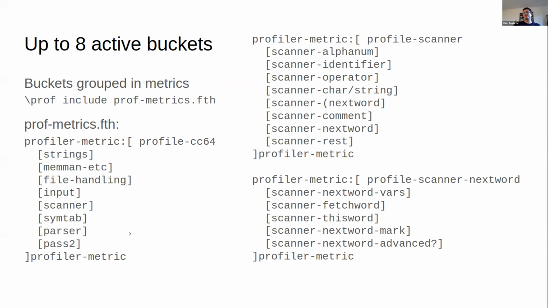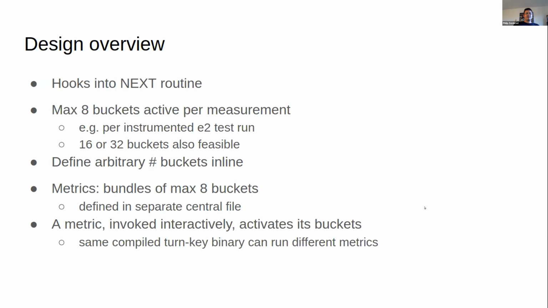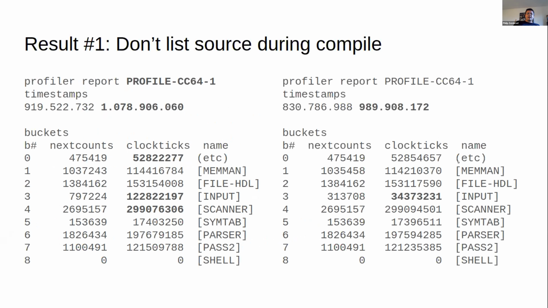You can have several metrics compiled into the same binary, and then do measurements, just activating them interactively without recompiling, which turned out to be very handy. This is basically an overview of what I just talked about, and a few words about the results that I got with that.